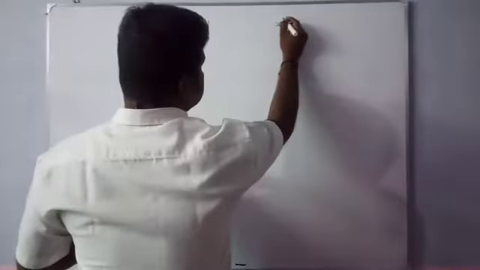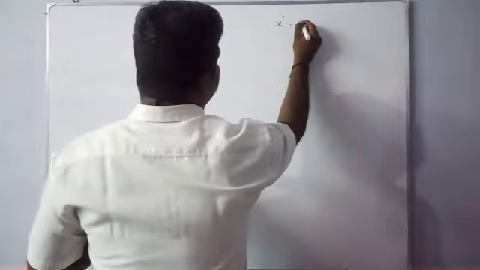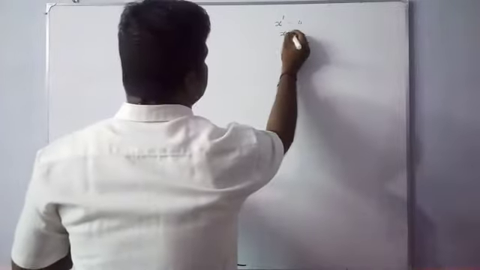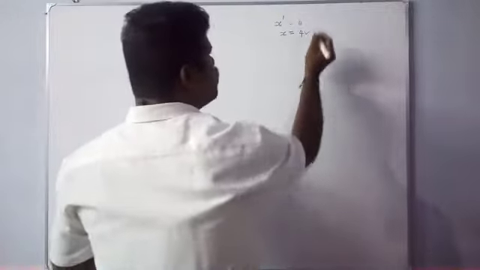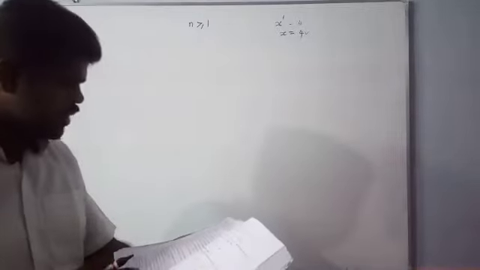Suppose the equation has x power 1 degree, the value is 4, actually x is equal to 4. So there is at least one root in C. C means complex number. Okay, right. And the remaining sums are there.